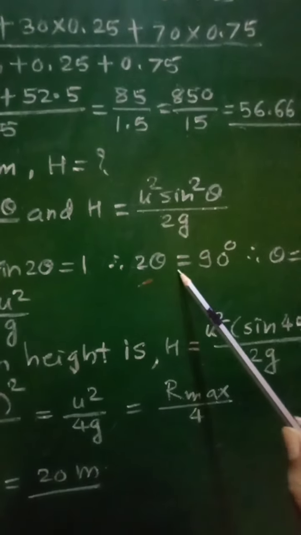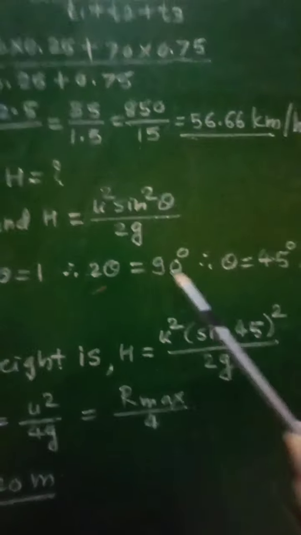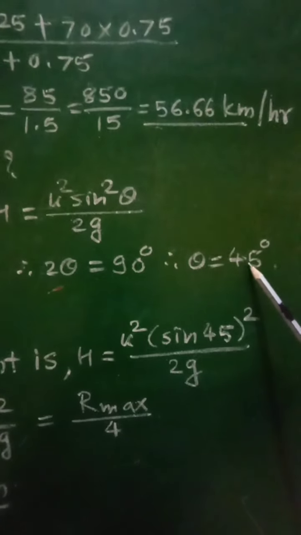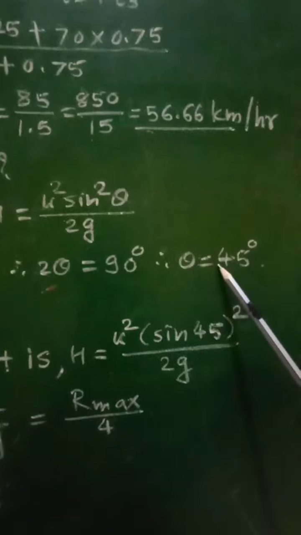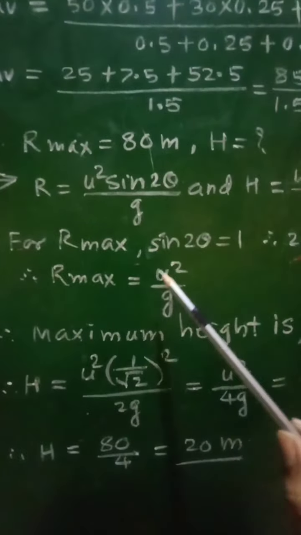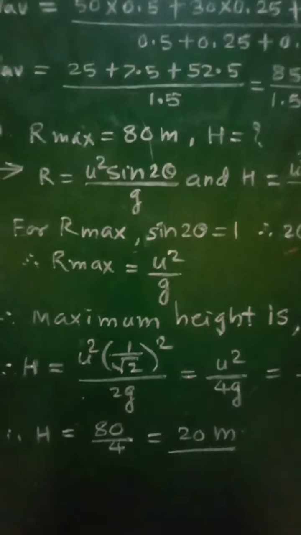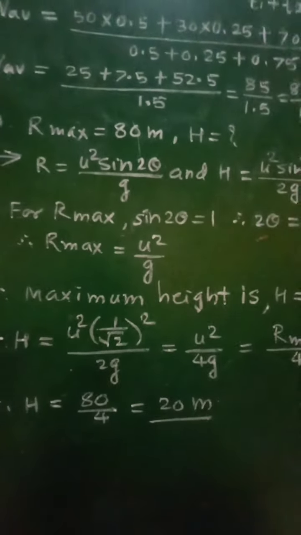Or theta will be equal to 45 degree. As 2 theta is equal to 90 degree, theta will be equal to 45 degree, and therefore Rmax is equal to u square by g.